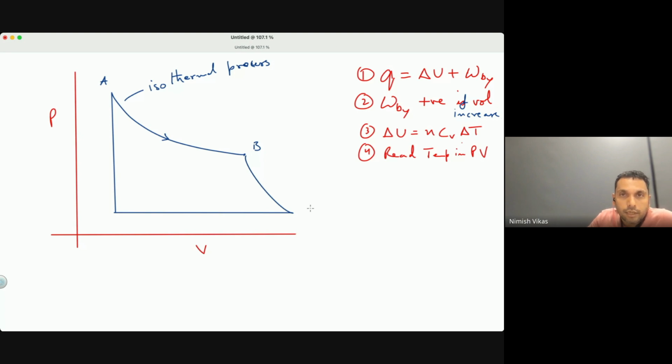And B to C is obviously not an isotherm because you can see that it is deviating from the curve of the isotherm. B to C is an adiabatic process. What do you mean by adiabatic?